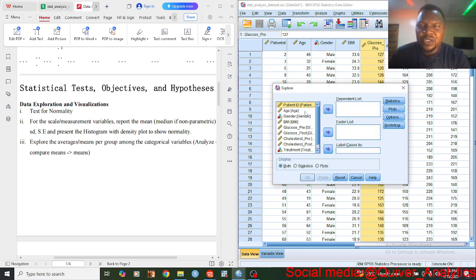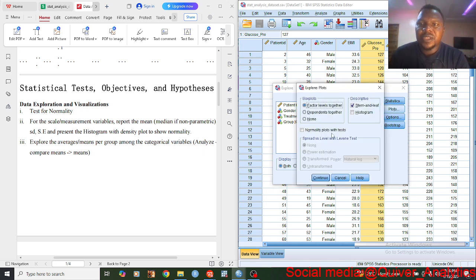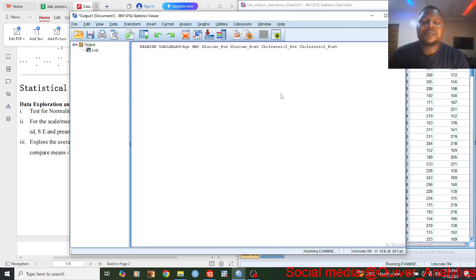Let's explore the age, the BMI, the glucose, and all the measurements, putting them in dependent variables. Statistics, okay. Plots, I don't need the stem and leaf plots, I just need the normality plots with tests. Options, continue, then give me both.